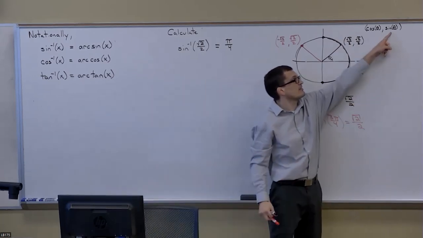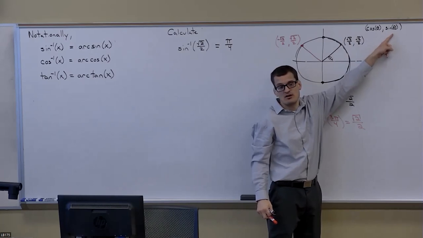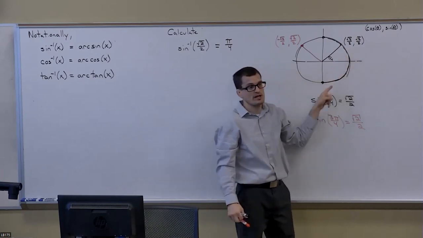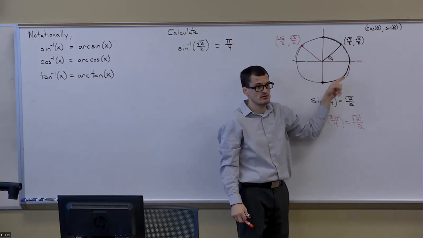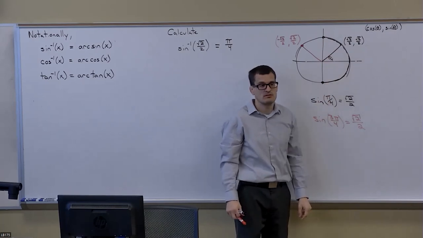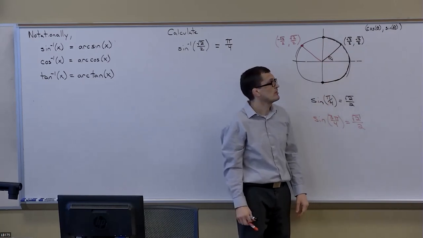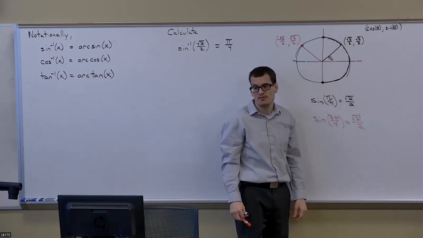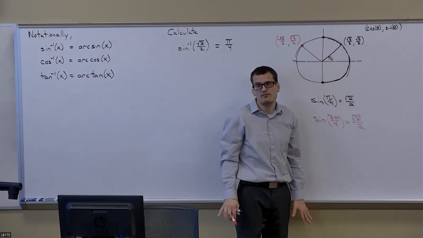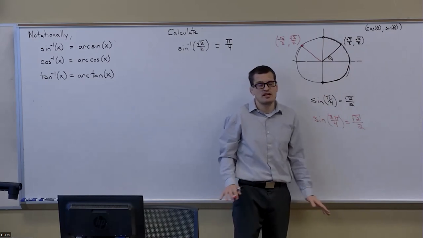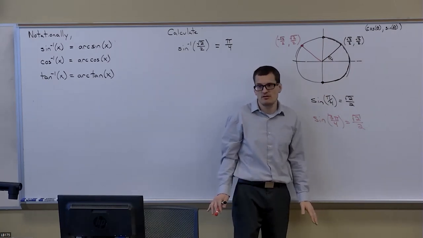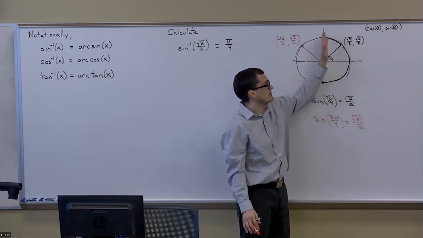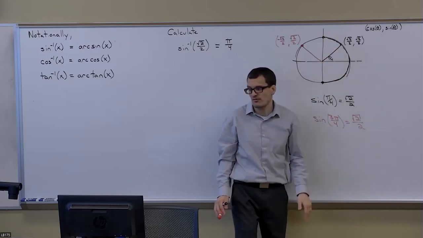And it's always that second coordinate of your point on the unit circle. That's what sine gives you, so there you go. All right, so this is why we have to be really careful about understanding what we're going to get out. For sine, I'm going to get angles on the right-hand side of the unit circle.